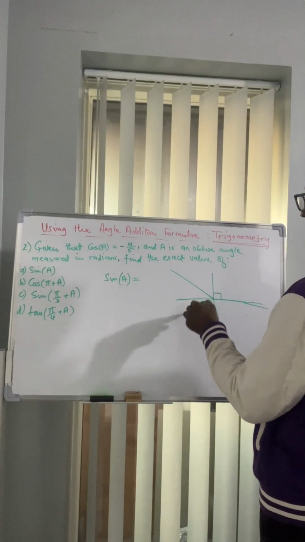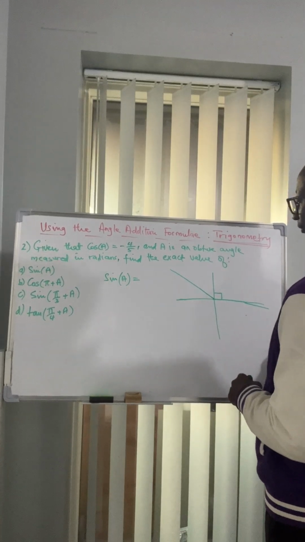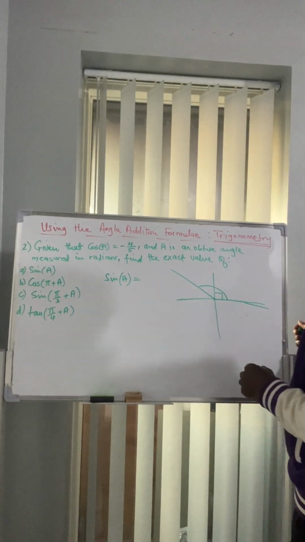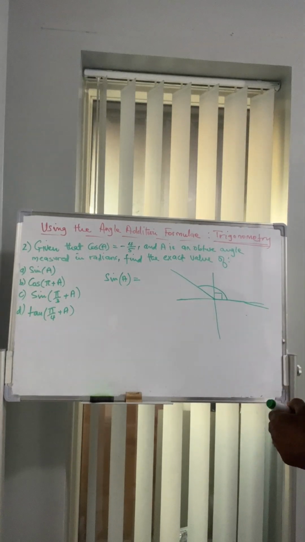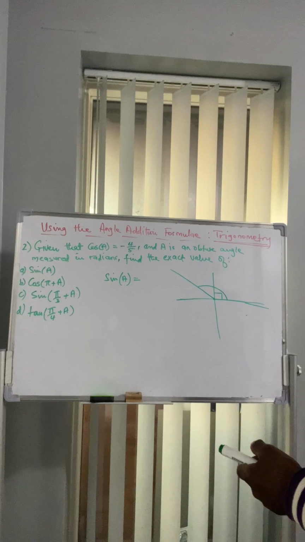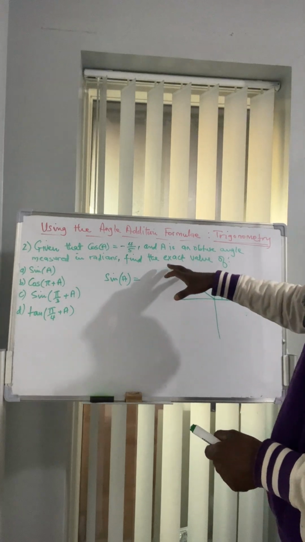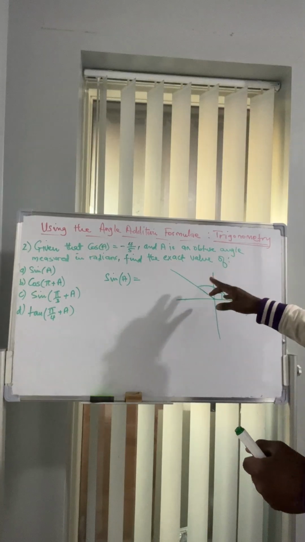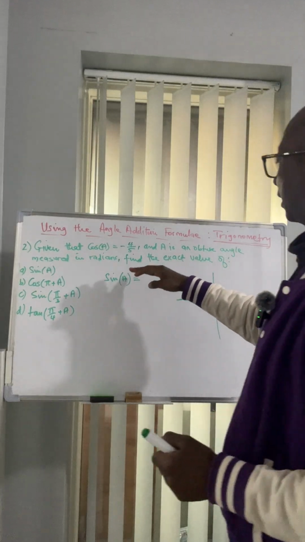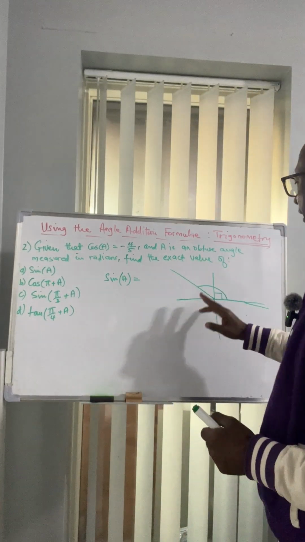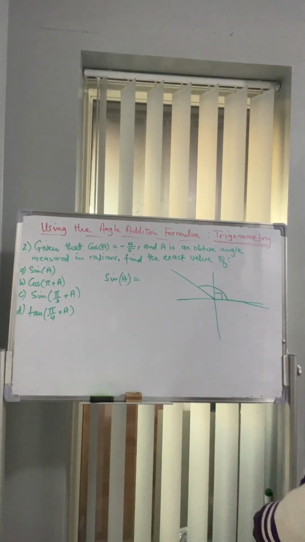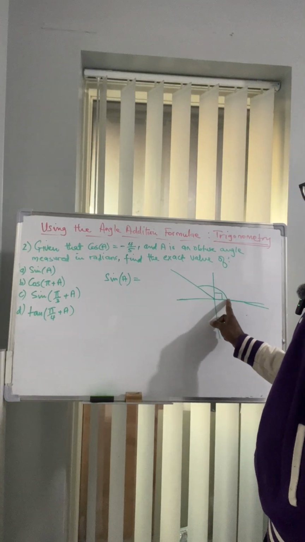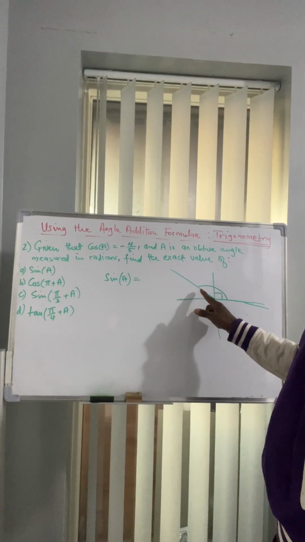This is your first, second, third, fourth quadrants. So the angle must be there. We are looking at this angle, greater than 90 but less than 180.